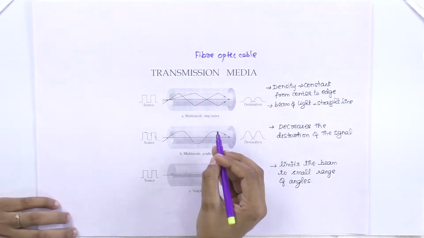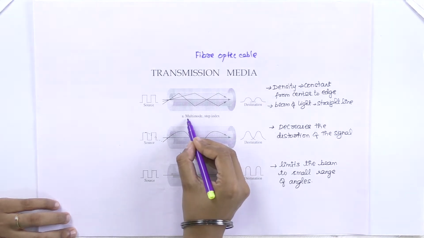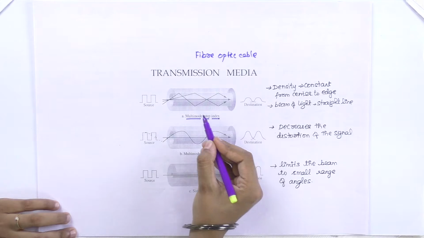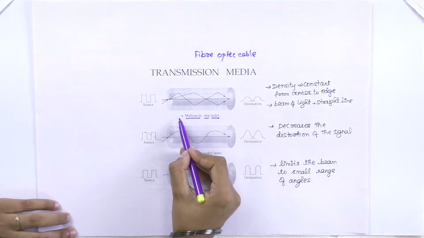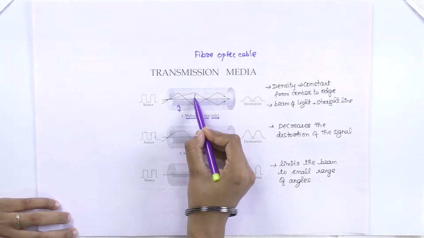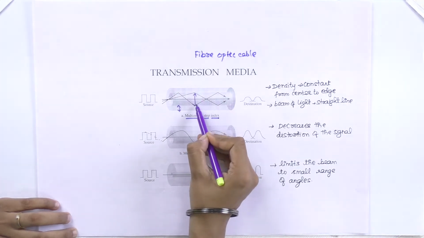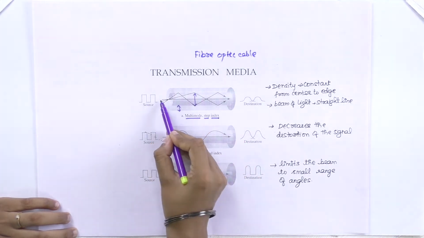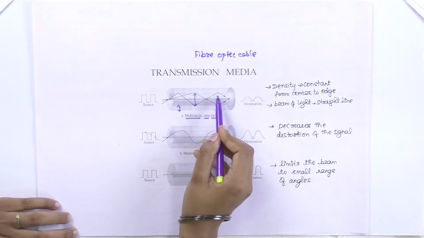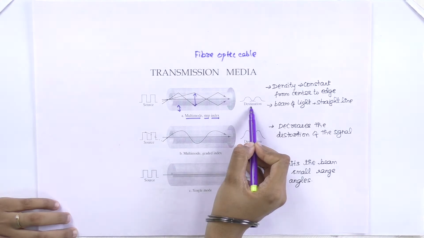In that category, the first one is multimode step index. If you look into this diagram, this is your cladding part and this is your core part. From the source, the waves get transmitted and finally reach the receiver.